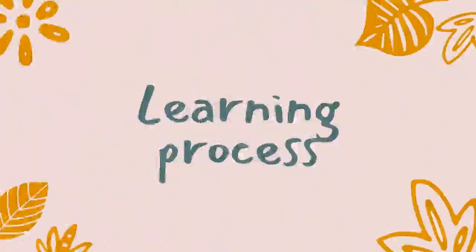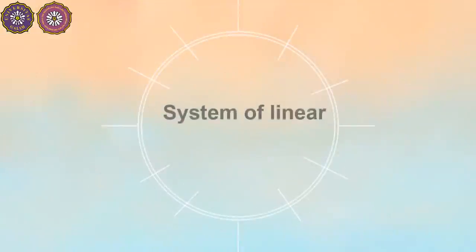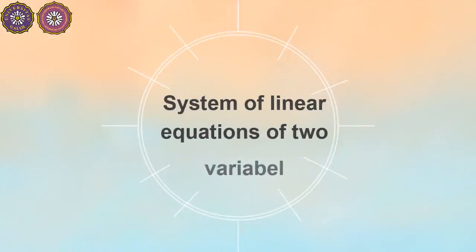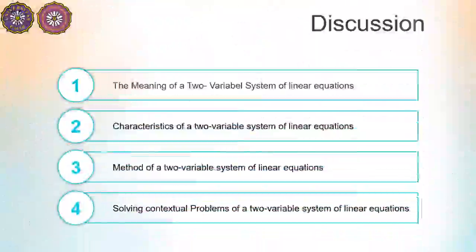Learning process. Now we will continue the material. System of linear equation of two variables. Okay, which we will discuss at the meeting now is: 1.